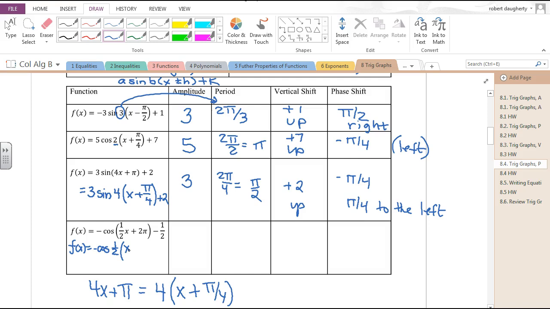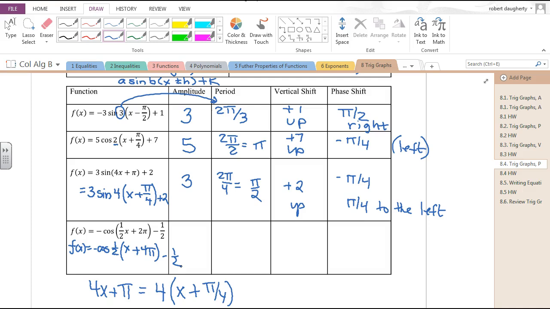Yeah, it's 4. 2 is half of 4, so this is 4 pi minus 1/2. And then check your work. This is 1/2 x. What is 1/2 of 4? 2. So this is 2 pi. Okay. So it's factoring, but it's got a little bit of a twist on it.